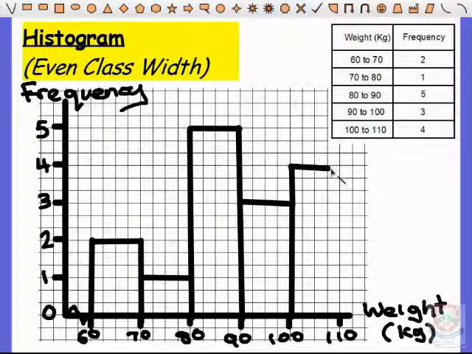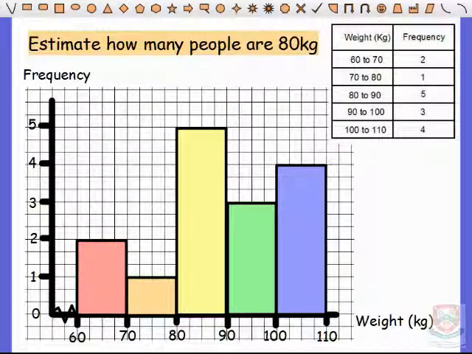We've shown our data, we represented the frequency in different height bars, but to be able to fully compare this, there's one extra step that we need. If you were asked to estimate how many people are 80 kilograms according to this data, we could say there were 5 people, because everything in that block adds up to 5 in total frequency. But to give a fairer estimate, we need to draw a frequency polygon.